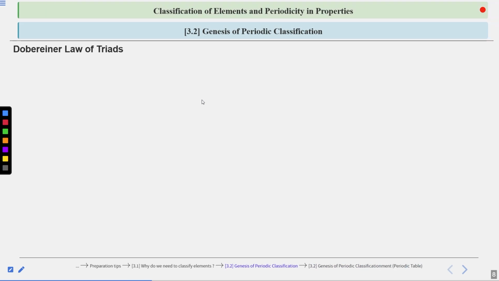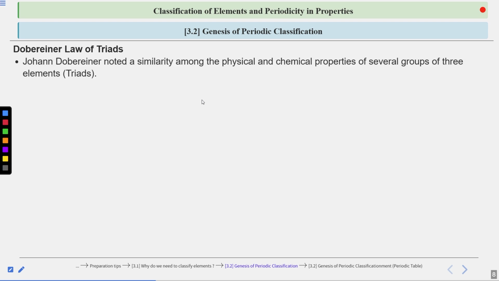So the first one is Döbereiner's law of triads. Döbereiner took three elements and made such groups in numerous ways, and he named each group of three elements a triad.